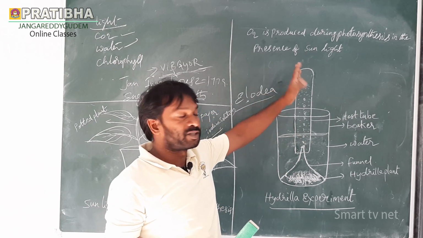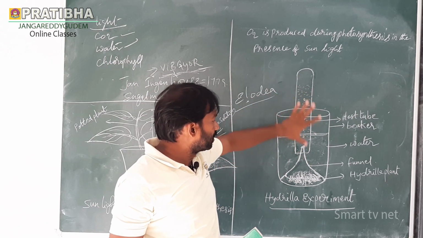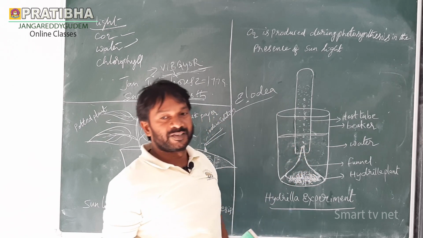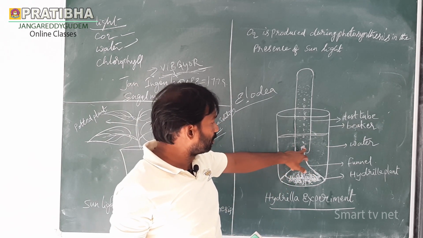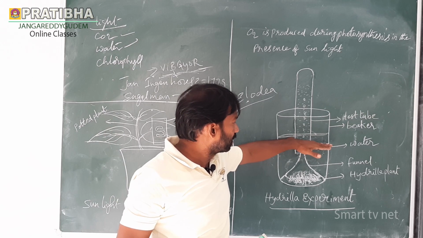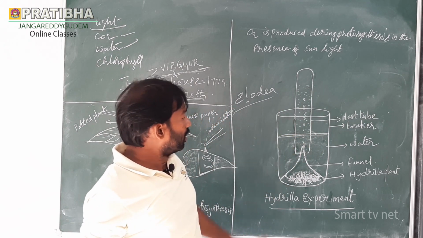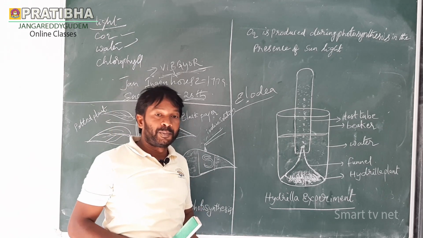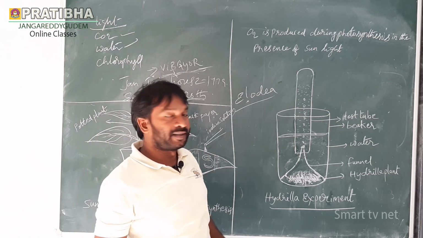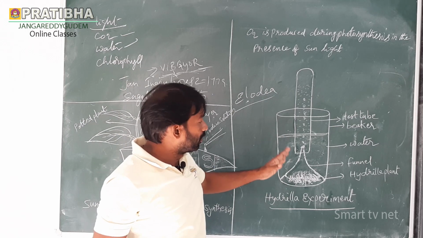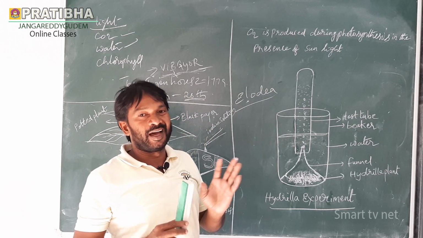Also take one test tube, fill it with water and invert it over the funnel stem. We have to fill the water above the stem of the funnel. Like this we have to prepare 2 sets. One set is kept in the sunlight and another is kept in a dark place.